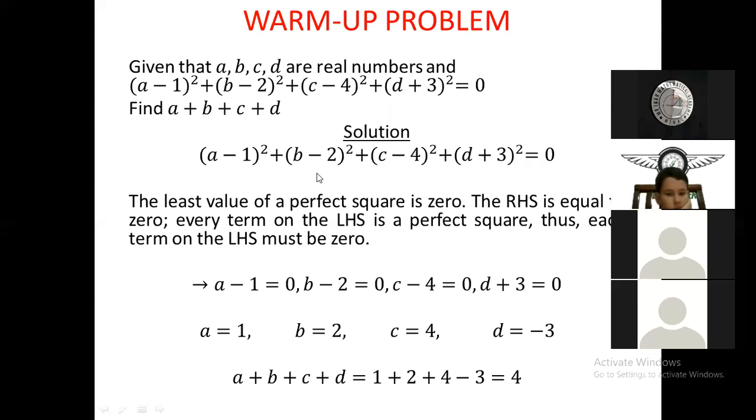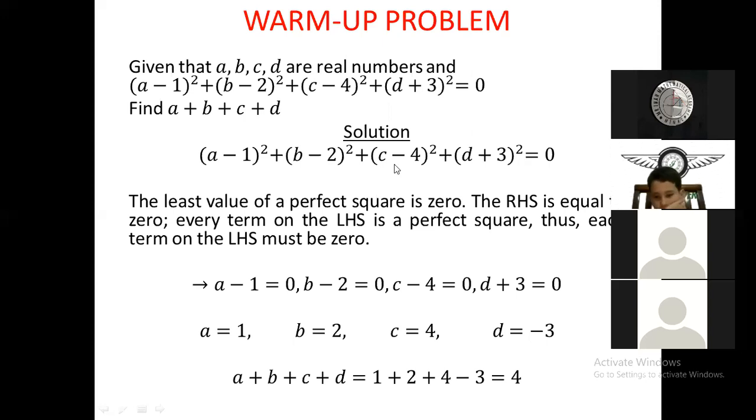So this equality only holds if each perfect square is 0, because if any of the perfect squares is greater than 0, the sum will give us a value greater than 0. So for the left-hand side to give us a value of 0, each of these perfect squares must have a 0 value. And that's the explanation I gave here.